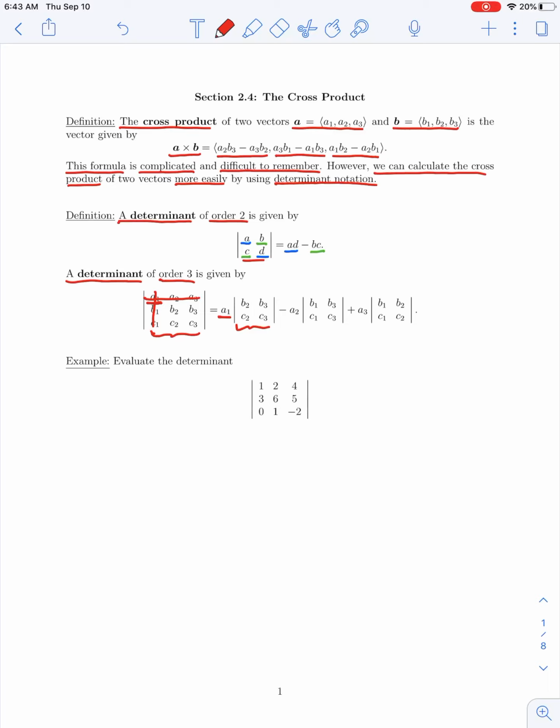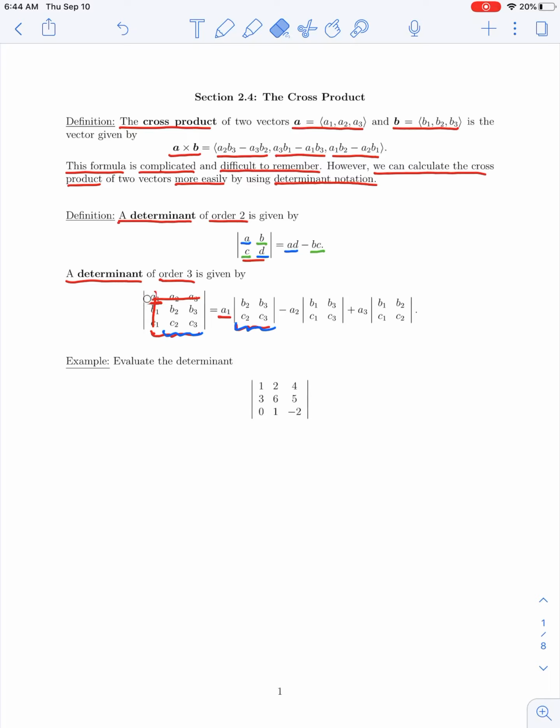That is the first row and first column of the 3 by 3 matrix we would omit, and we're left with this little 2 by 2 matrix, B2, B3, C2, C3, and we're going to take the determinant of that and multiply by that A1 entry.